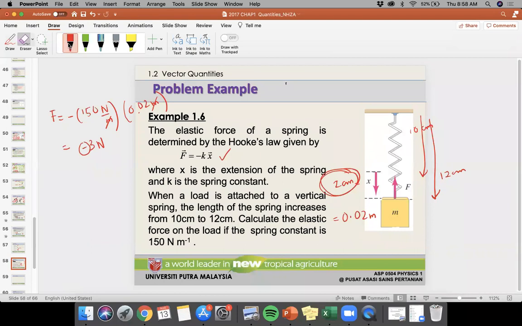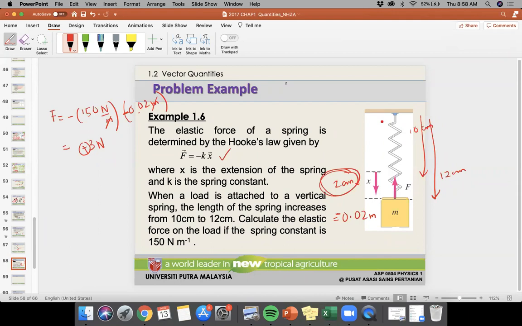If I don't want to be confused, I just put this as negative because it's going downwards. So this guy becomes negative. Negative, negative gives you a positive. So positive 3 Newton going upward, which makes more sense. But either way, it's correct. It depends on how you define your displacement. Okay, so that was the example.